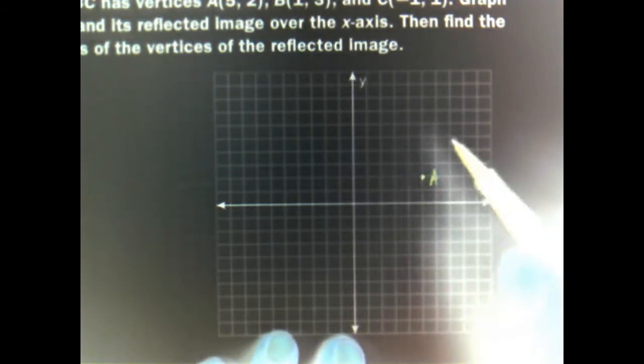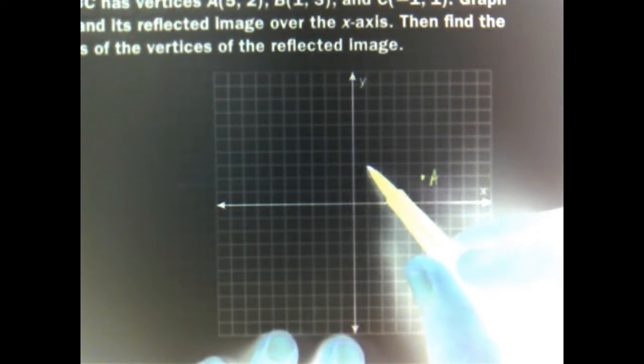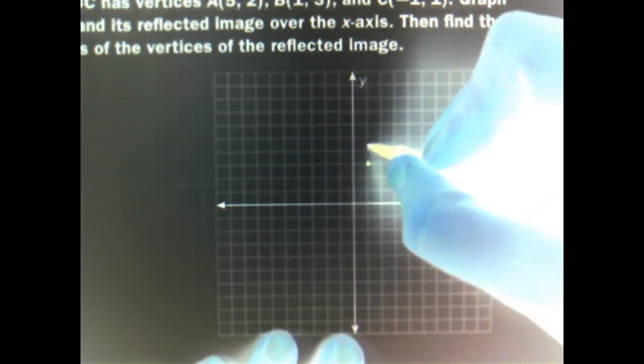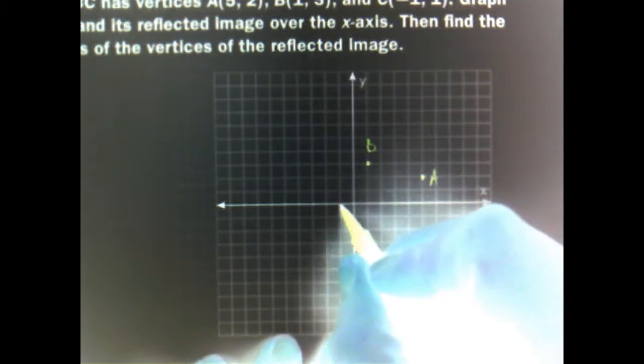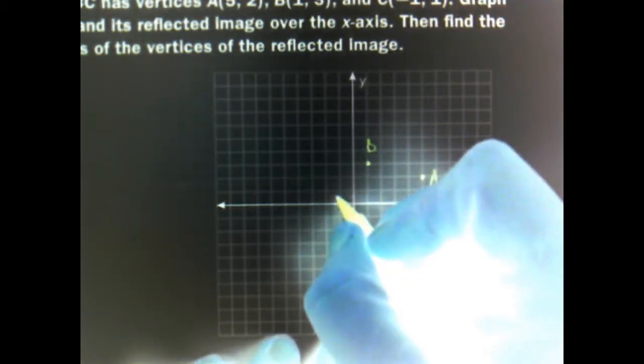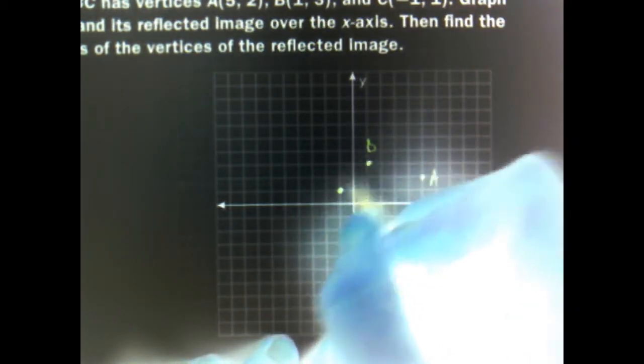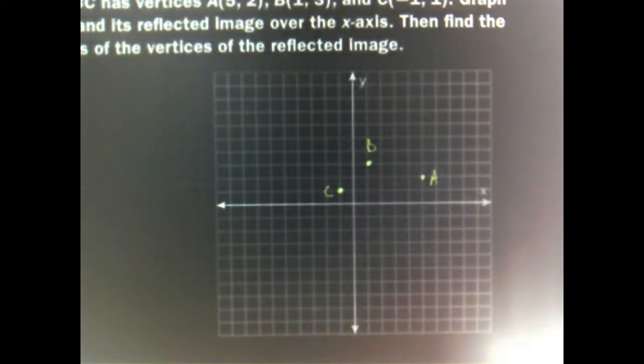A. B is (1, 3). C is (-1, 1). So those are my vertices. Connect the dots here.